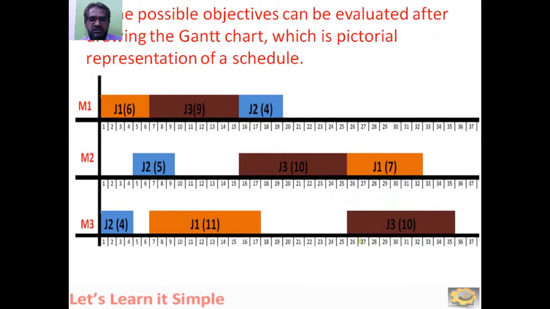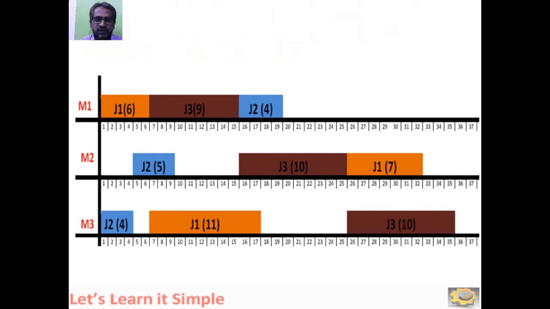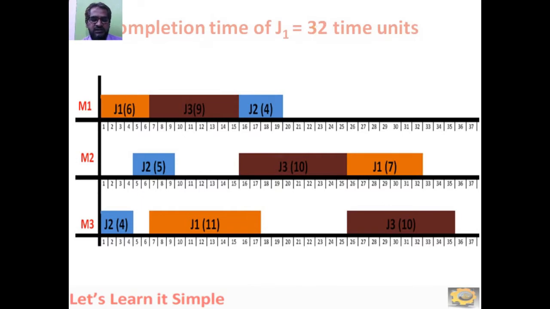Basically, a Gantt chart is a graphical representation, so using a Gantt chart we can evaluate all possible objectives. After drawing the Gantt chart, we got the total completion time of J1, which is 32. We can see here that J1 enters the first machine and takes a processing time of 6.